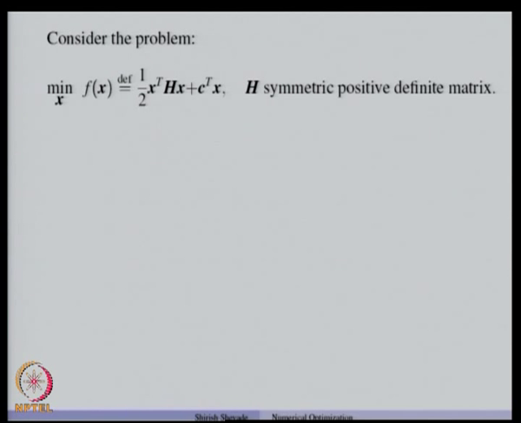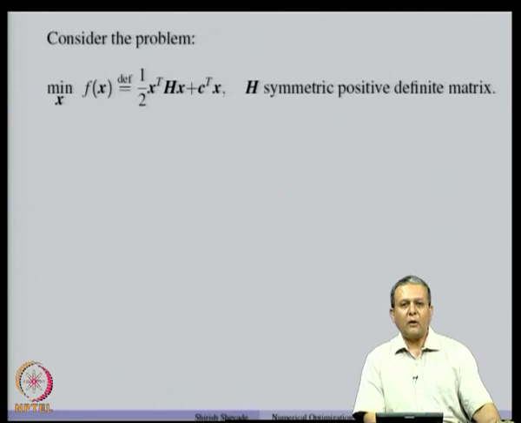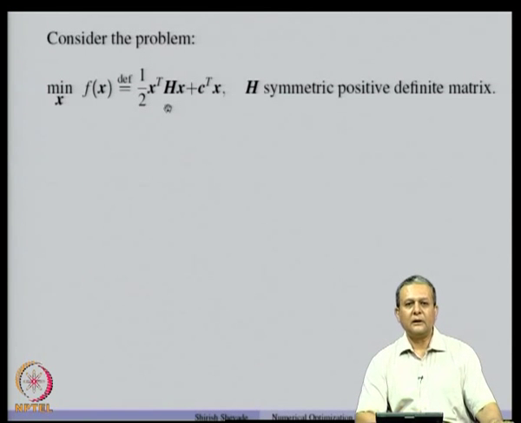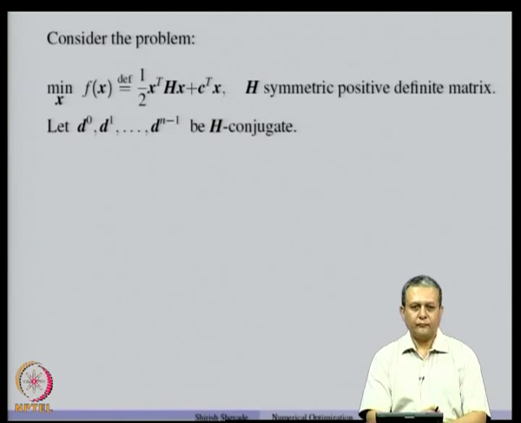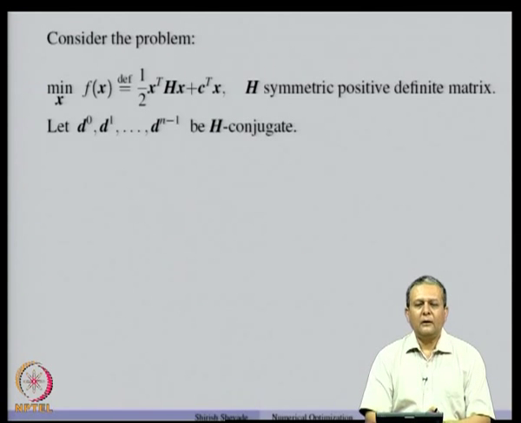Now, let us again consider the same problem, a quadratic programming problem where the Hessian matrix is a symmetric and positive definite matrix. Let us assume that d0 to dn minus 1 are H conjugate.